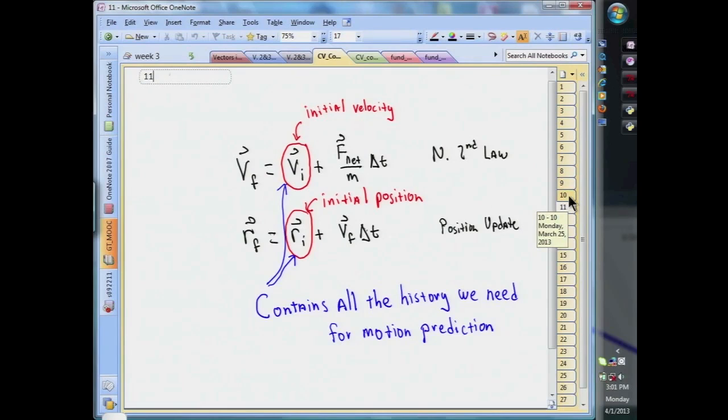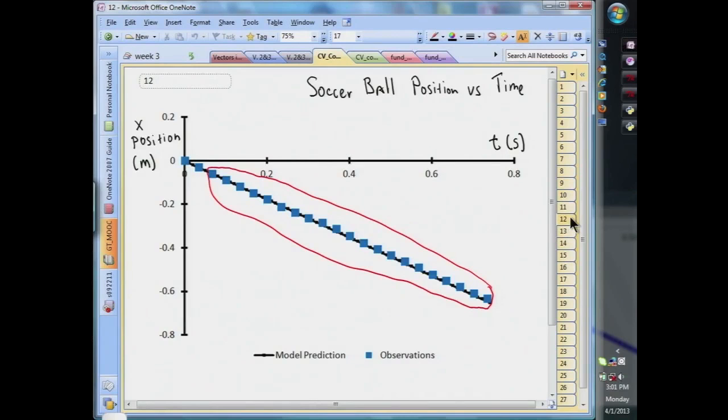The initial position and velocity are crucially important because they contain all of the history of the ball we need to know, all the way back to the beginning of time, in order to begin making predictions of the future translational motion of the ball. The rest of the predicted motion, plotted in black, is really a prediction. It's good to talk through how the computer model works to make that point.